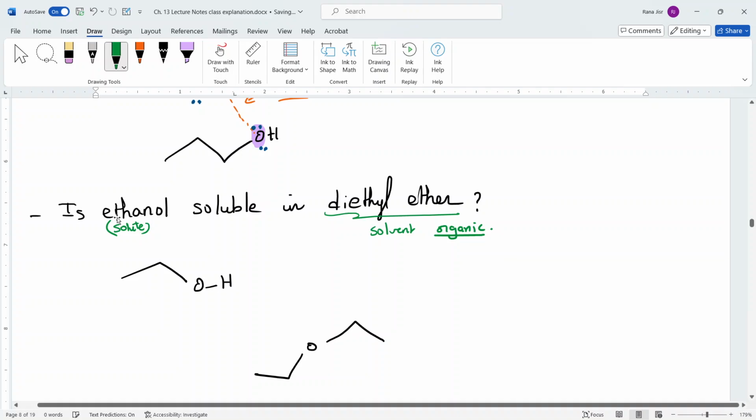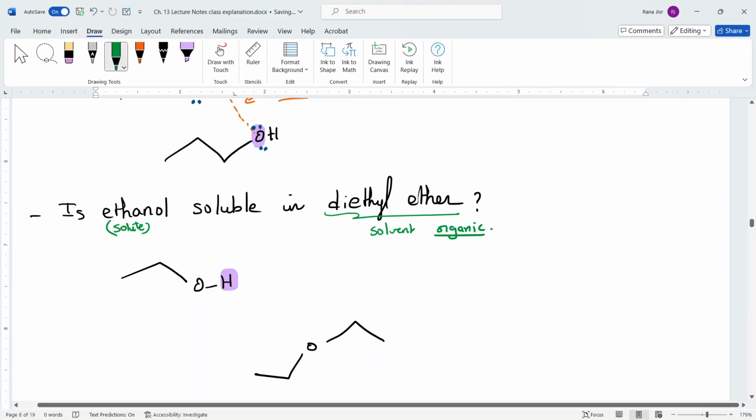Okay, so pay attention to that. With an organic solvent, I don't care about the number of carbons because I am not dissolving it in an aqueous solution. So here, in order to determine the solubility, it's going to solely depend on hydrogen bonding. And ethanol has a hydrogen.